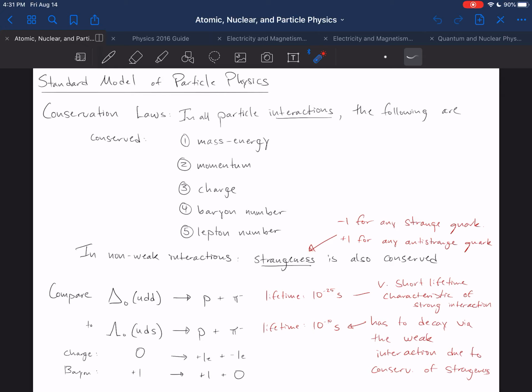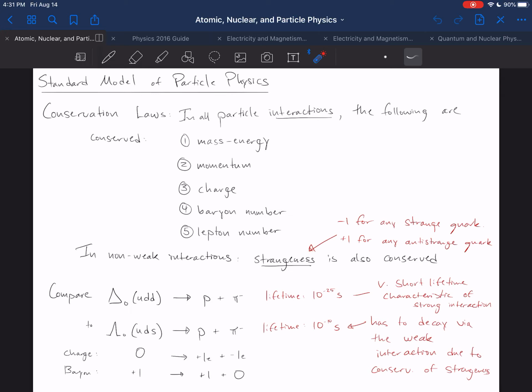As it turns out, there's one more quantum number that is conserved among interactions, but not all of them. And I will also say there are more quantum numbers. This is the last one you need to know.